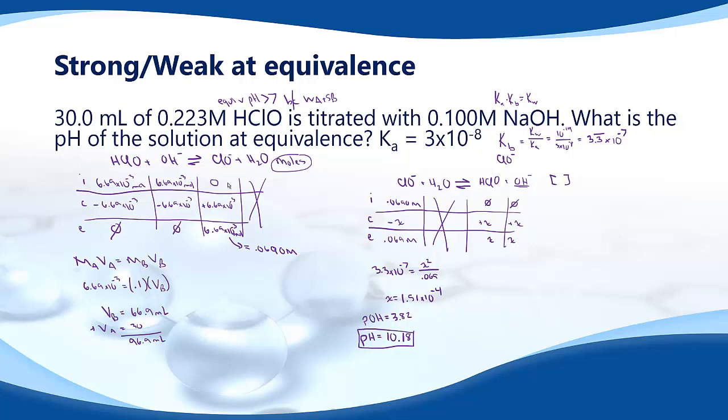Again, you can make this a little bit easier on yourself if you want. All you really need to do is just do this second ICE table right here, figure out what concentration of hypochlorite ion you're going to have at equivalence using MAVA equals MBVB, and then just do a Kb problem because the salt will be basic.